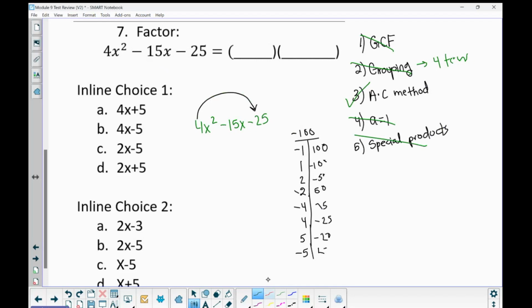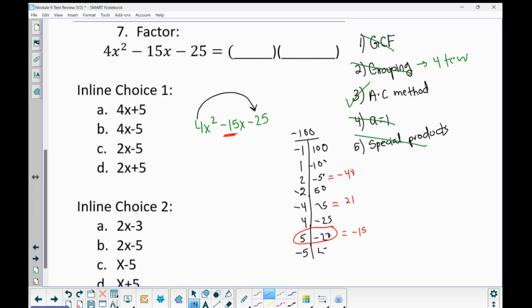And I'm looking for what set, when added together, gets me negative 15. Well, if I just look at a couple, I know negative 4 plus 25 is not it. So right off the bat, I can list all of them, but I'm looking for 5 and negative 20. So that makes negative 15.